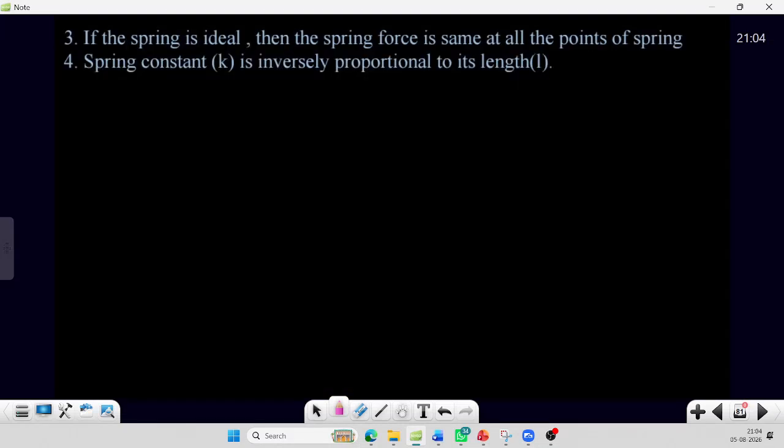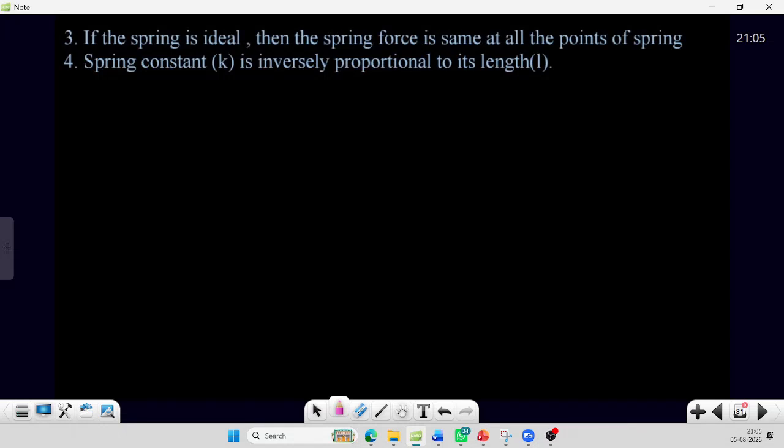Right. If the spring is ideal, that means it has no mass, the spring force will be the same everywhere. Like for a string, if the string is ideal, that means no mass, the tension at every point is the same. In the case of a string, we talk about the tension, and for a spring, we talk about the spring force.